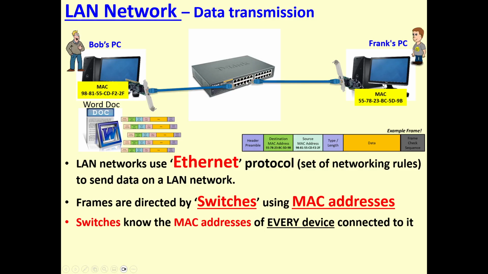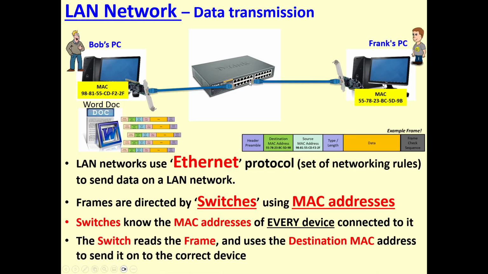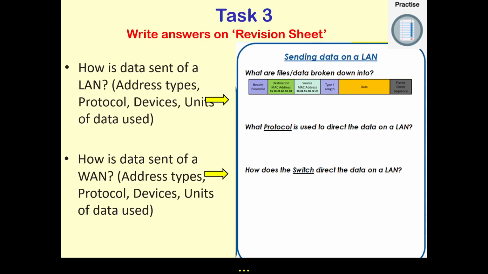Remember, the switch knows the MAC address of every device connected to it. So the switch reads the frame of data, and it uses the destination MAC address to send it to the correct device. Just like this. Ready? 1, 2, 3. It knows where it's going by using its MAC address. Okay, on your sheet, complete the section, please.